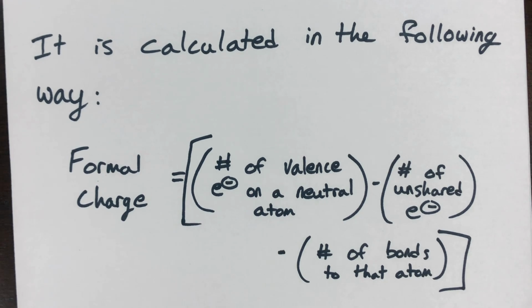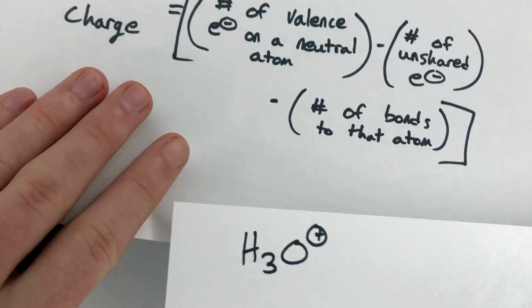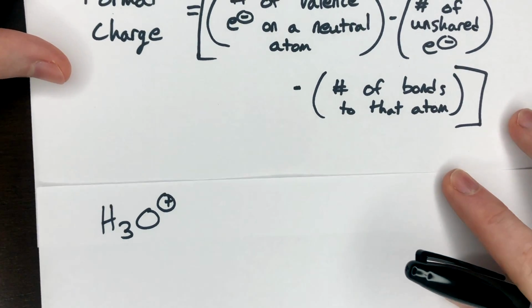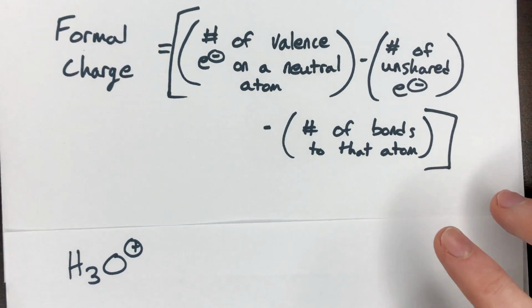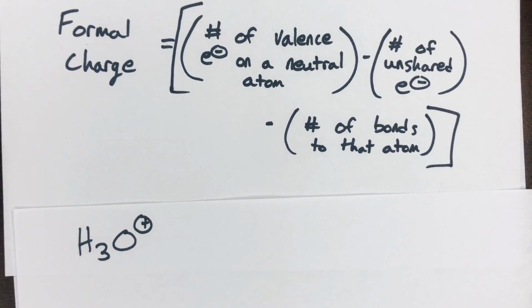So now let's look at an example, and this will illustrate why we call it formal charge instead of just charge. Let's look at the hydronium ion as our example, keeping our formula on screen. The H3O plus is the molecule that we're interested in.